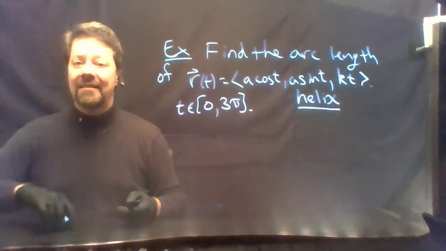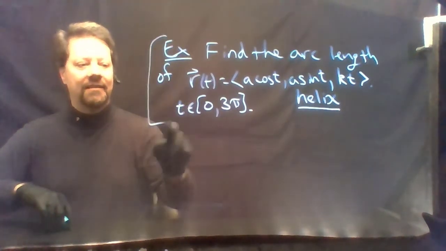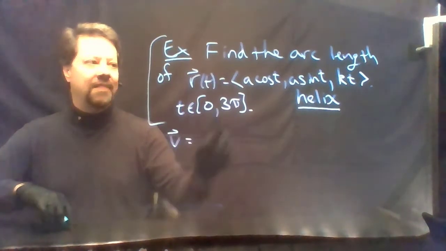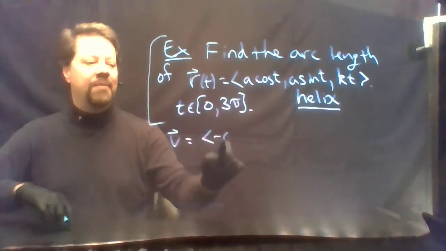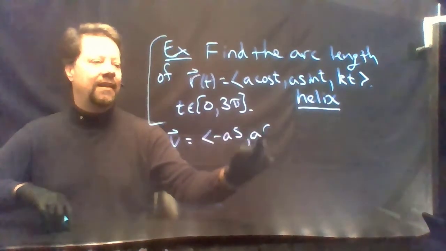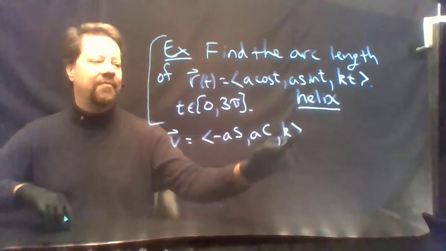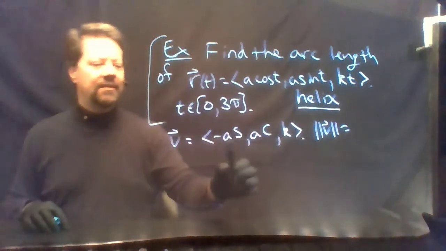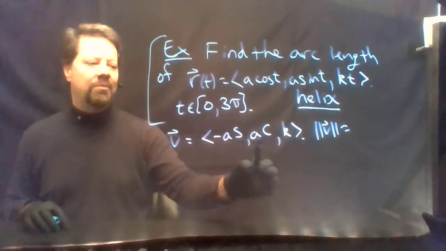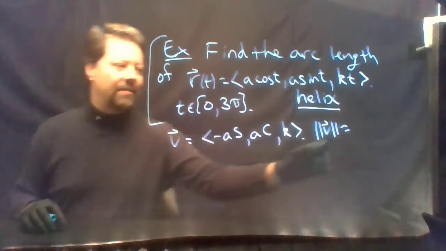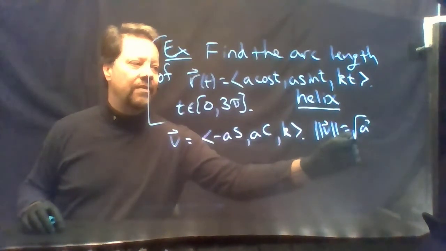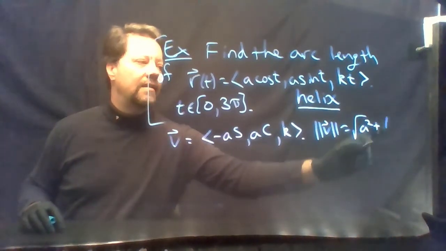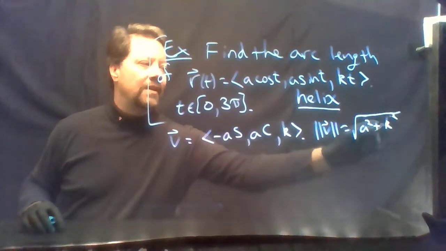To calculate the length, we first calculate the velocity. The velocity will be minus a sine, a cosine, and then k. The speed will be, you can see we'll have an a squared sine squared plus an a squared cosine squared under the radical. I'll just give you a squared and then k squared.